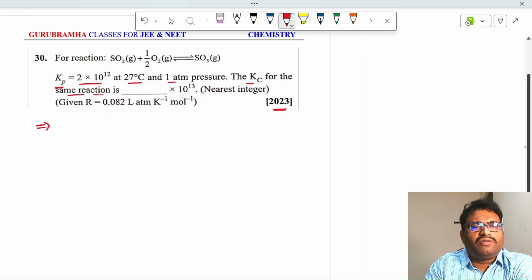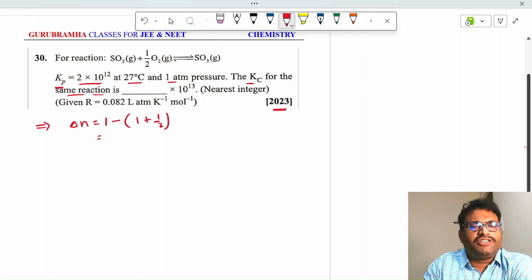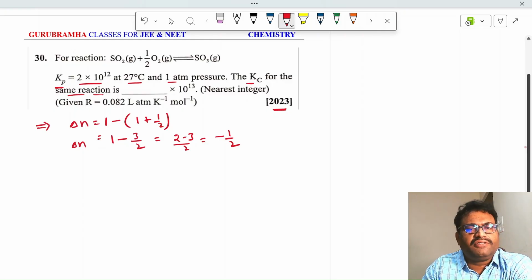So let us calculate delta n first of all. Delta n is equal to 1 for SO3 minus 1 plus 1 by 2. That is equal to 1 minus 3 by 2, that is equal to 2 minus 3 by 2, that is equal to minus 1 by 2. So we have calculated delta n.